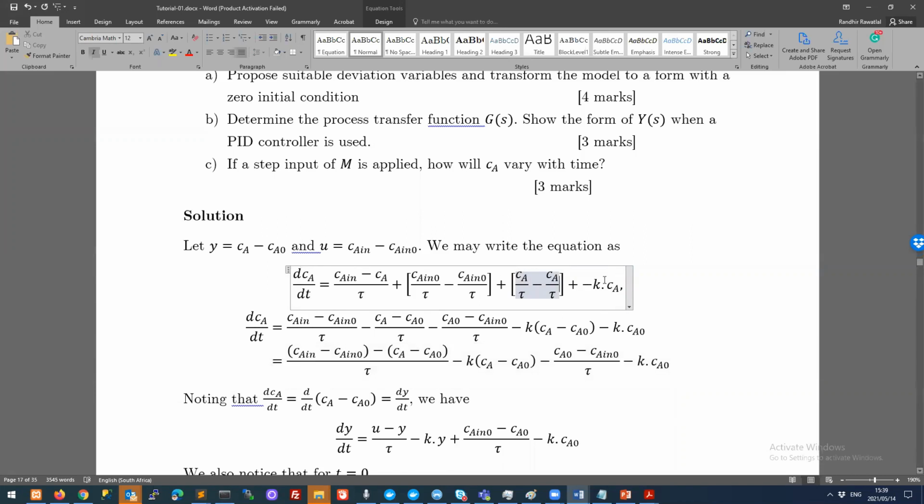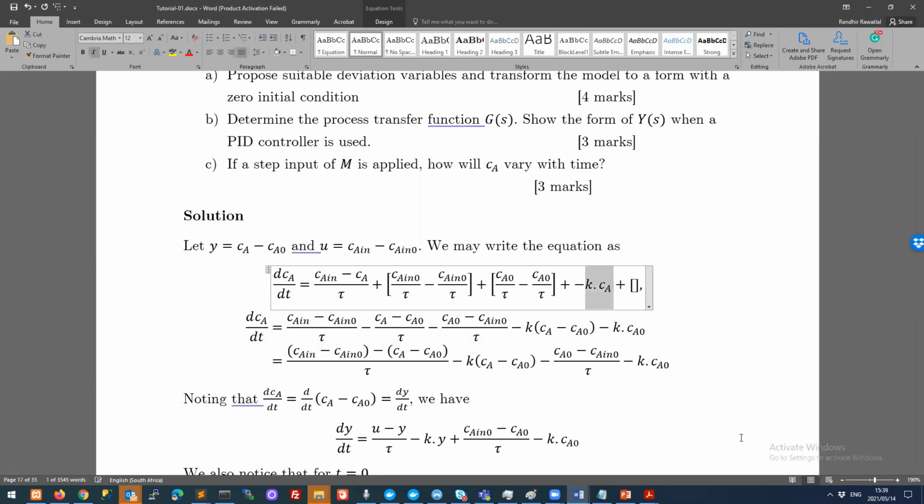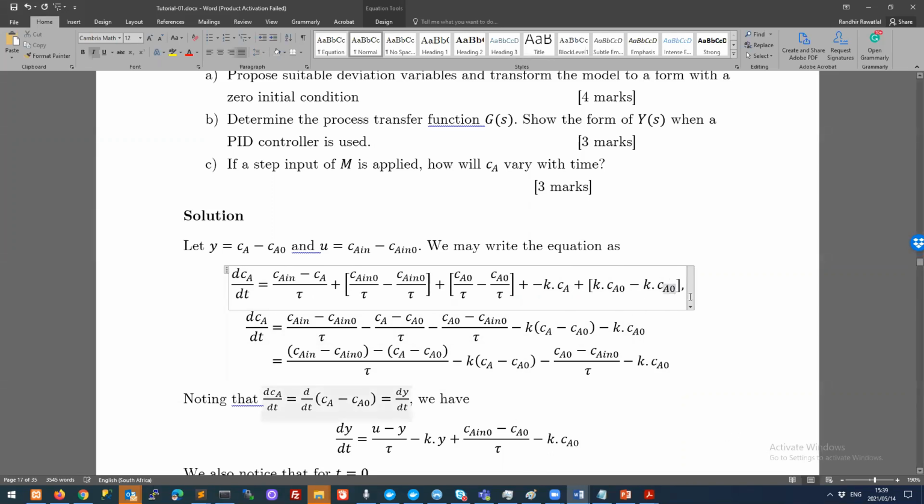And then this stuff, CA naught, because we want to get the departure. And then we want this one. So we're going to say again, plus CA naught minus. Okay, so I hope you agree. This is the same equation as we saw above. We've just added and subtracted the same numbers to it.